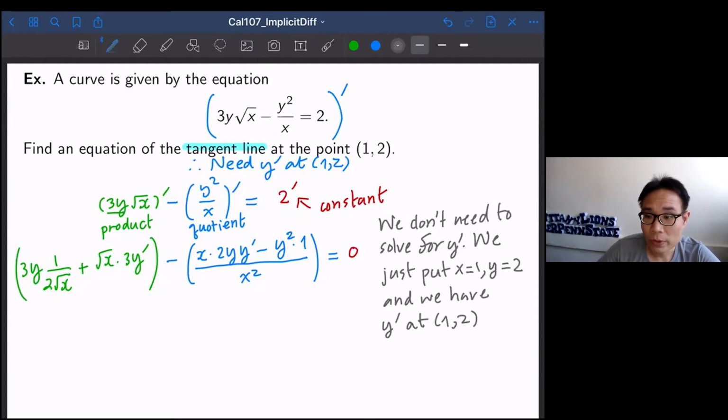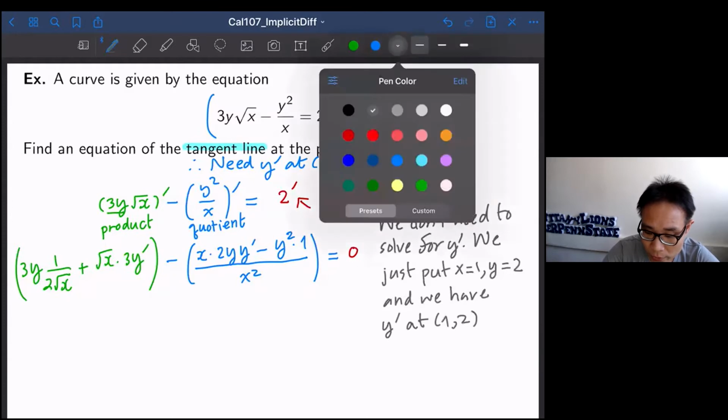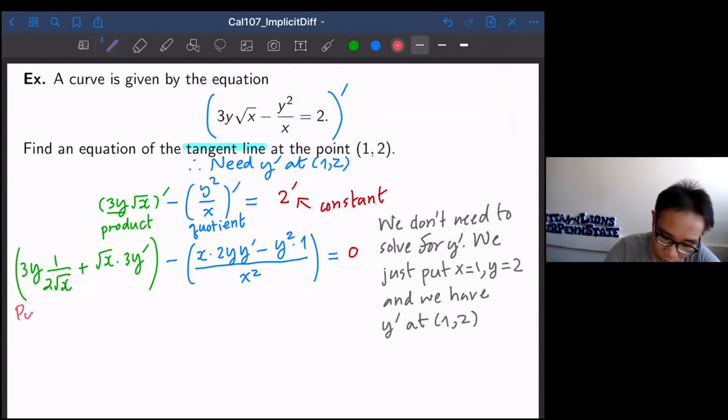So we don't need to solve for y prime like in the previous example. We just put x equal to 1, y equal to 2.